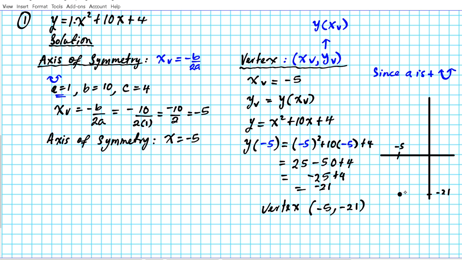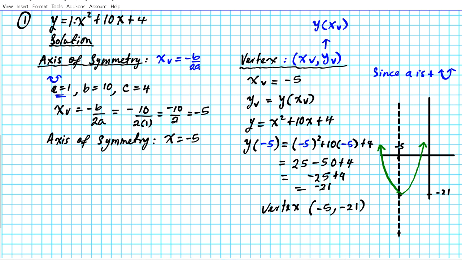Okay, so let's go ahead and sketch the graph. So the parabola that opens upwards is going to look something like this. Then like that. All right, it's just a sketch. And then our axis of symmetry basically means a line that splits the curve into two identical parts.